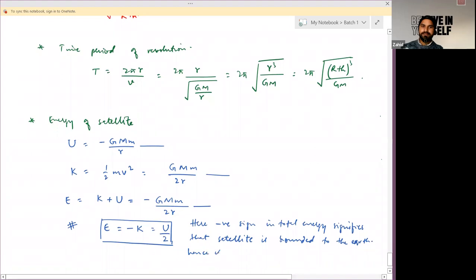Hence, it is also called binding energy. Just write down this part.